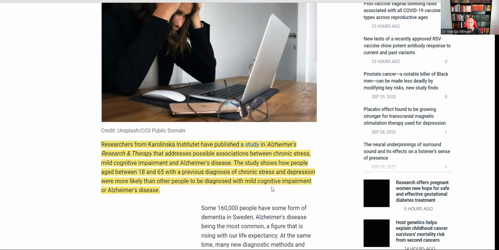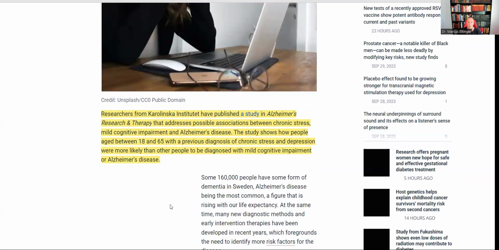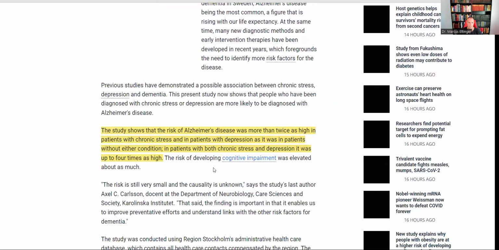But this is a research study in Alzheimer's Research and Therapy that addresses a possible association between chronic stress and mild cognitive impairment and Alzheimer's disease. The study shows how people aged between, now it's dropping down to 18, aged between 18 and 65 with a previous diagnosis of chronic stress and depression were more likely than other people to be diagnosed with mild cognitive impairment and Alzheimer's disease.